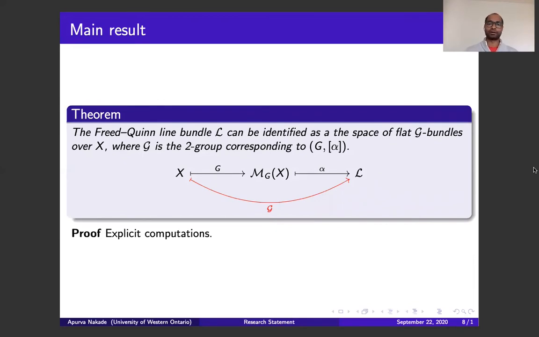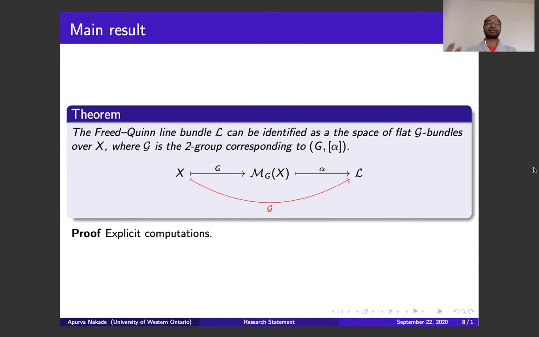In our work, we show that this whole two-step construction is actually nothing but a two-group construction. So we show that this line bundle can be identified as the space of flat script G-bundles, where script G is the two-group corresponding to G and alpha living on X. What we're seeing is that two-groups, which are bicategories or higher categories, are actually fundamental in physics.